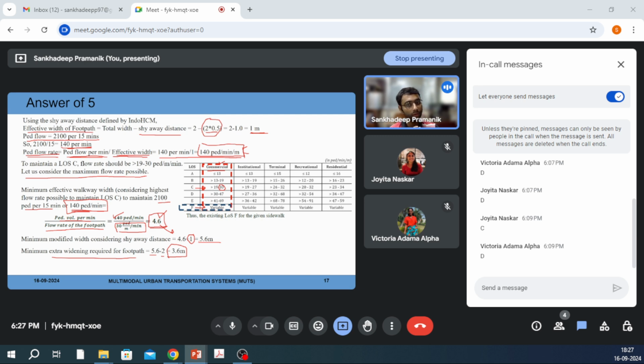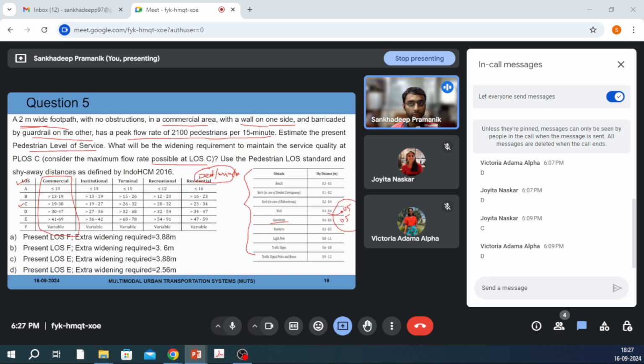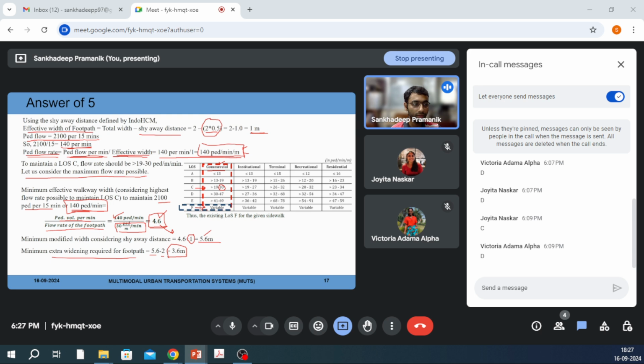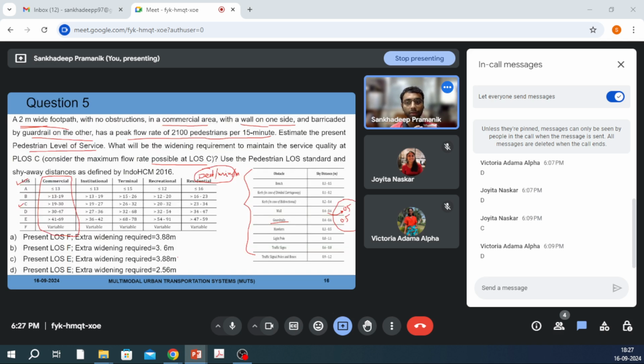This width is the effective width, so considering the shy away distance, the total width will be 5.6 meter, and we already have a 2 meter wide footpath, so we just subtract the 2 meter, so it will come as 3.6 meter. So option B will be the correct answer here. Present level of service is F and extra widening required is 3.6 meter.